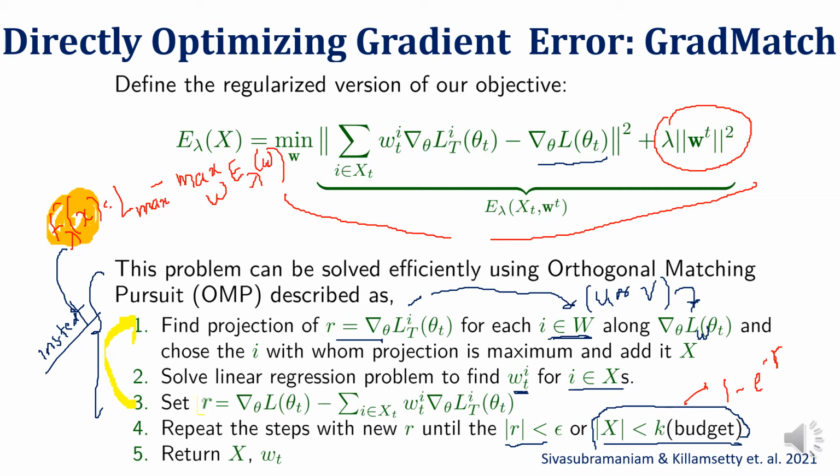Now having added that element, please note that you're not solving E lambda and then computing F lambda. You're basically adding elements incrementally.